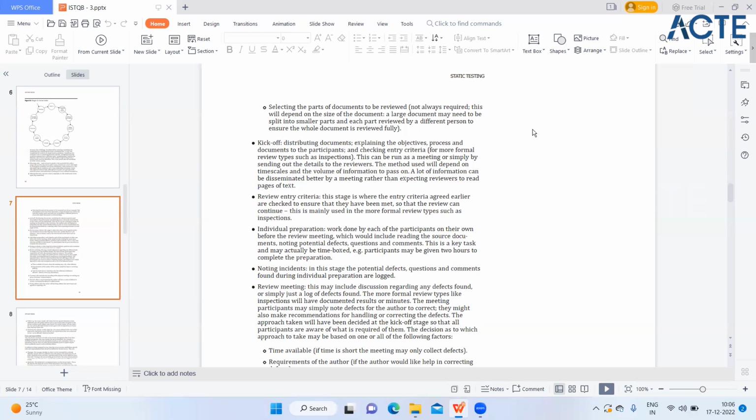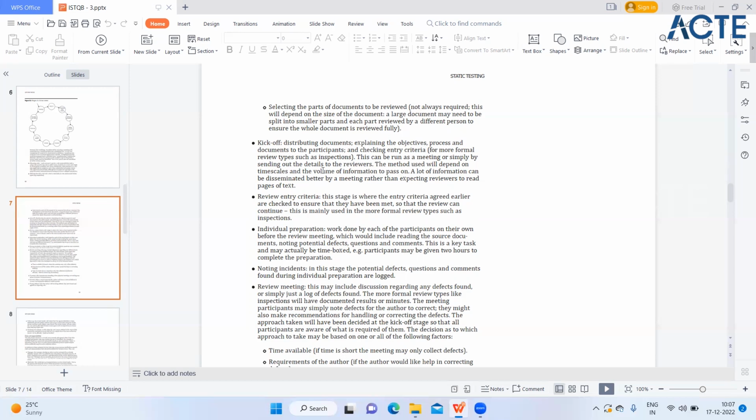Or maybe the project is very small and you do not need to read that document in parts. You can read it in one go only. So it's an approach which mainly the main person or the author decides, like what we need to do in that case. Do we need to divide it, or can we read it as it is?